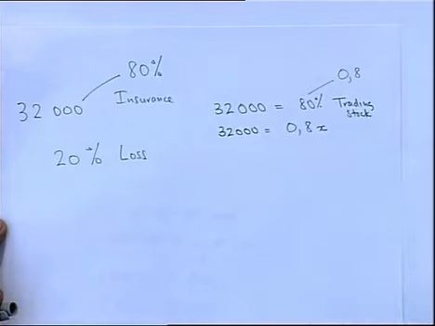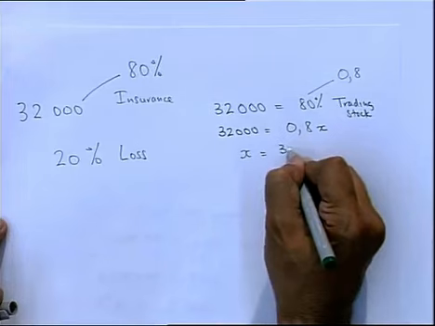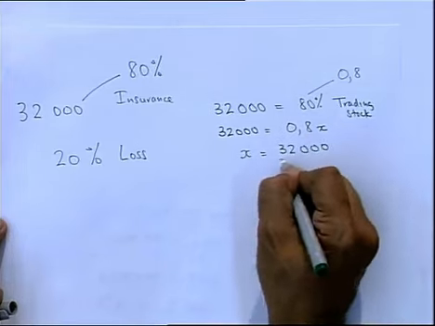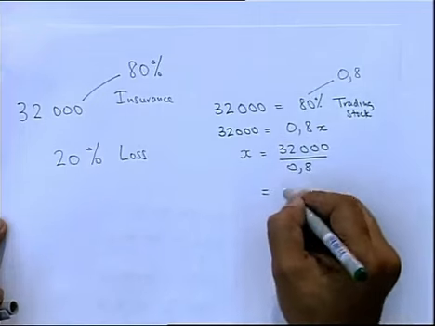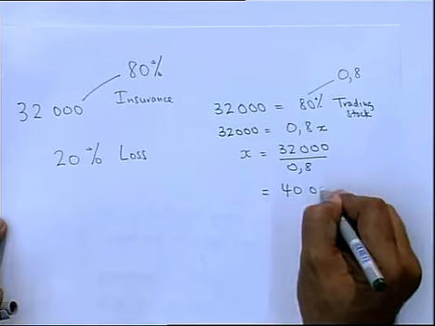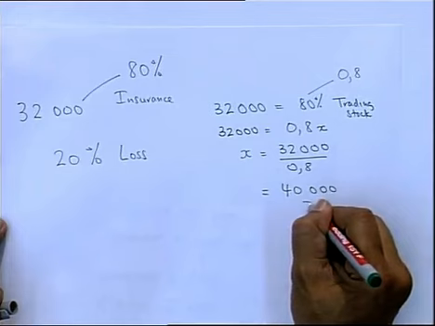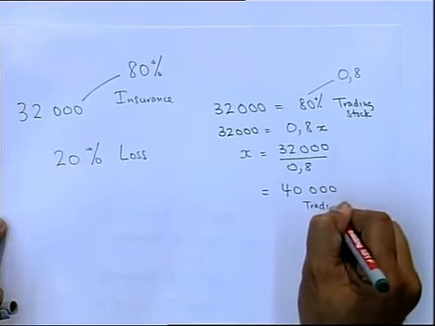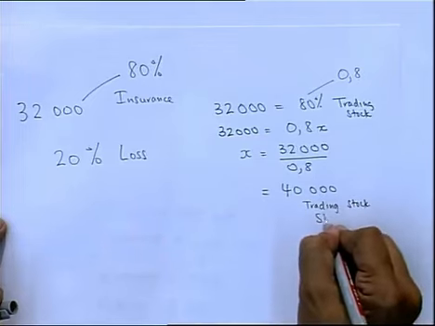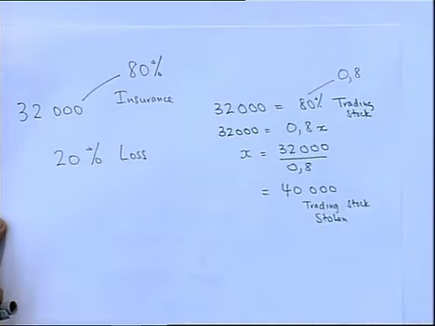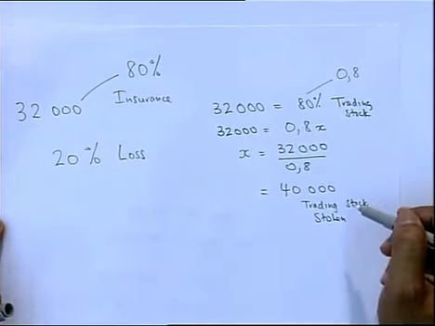When we solve for x, therefore x equals 32,000 divided by 0.8, x equals 40,000. So that is the trading stock that was stolen. Right, so the trading stock stolen was 40,000.